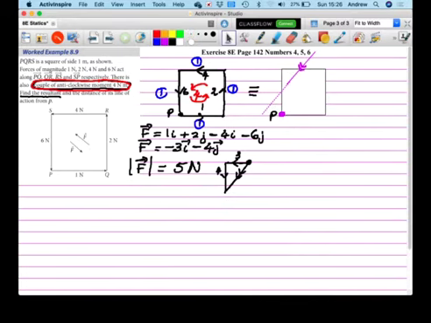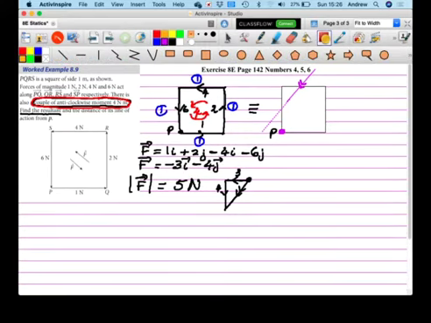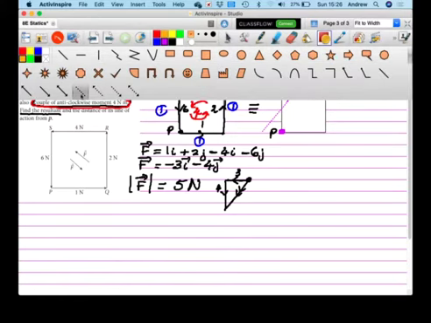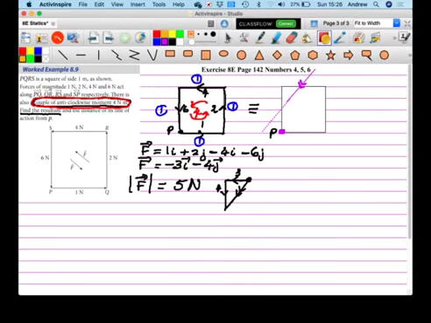And now I need to put on the perpendicular distance. Again, I'm going to use dotted line, purple, for the perpendicular distance. Now, here's my line from P, and what you've got to remember is, when you're taking moments, it can't be at an angle.